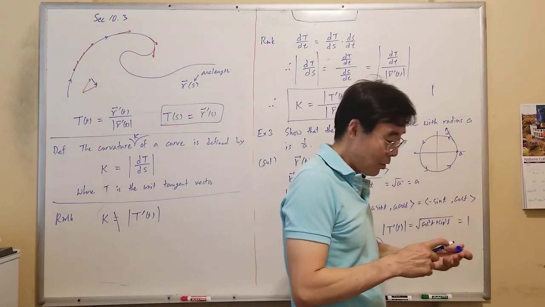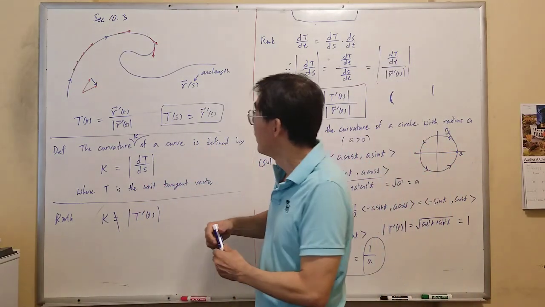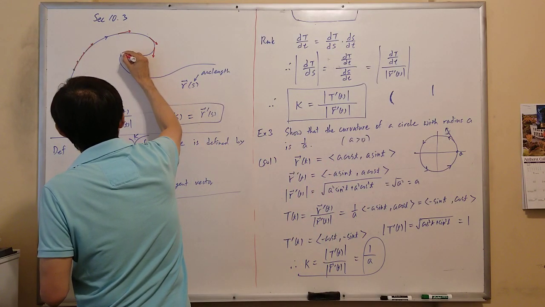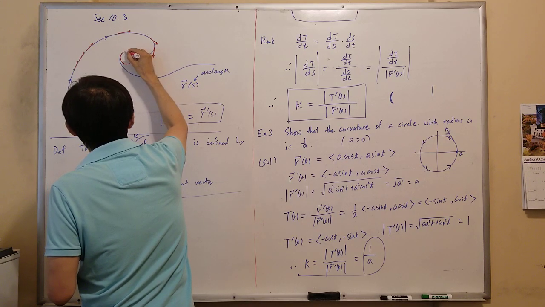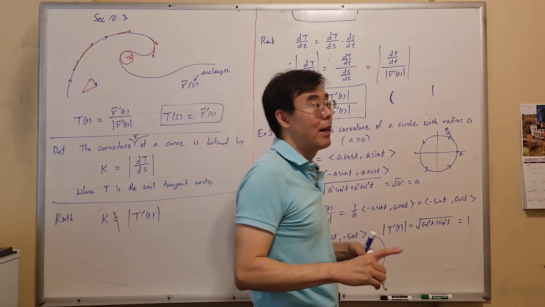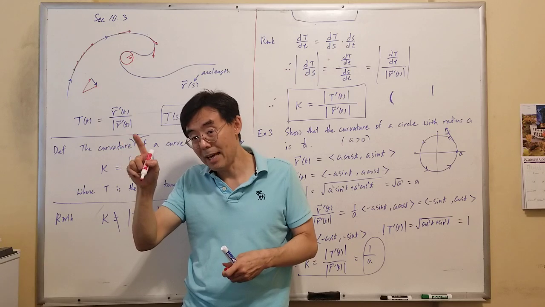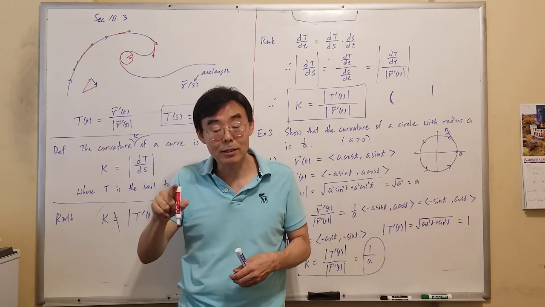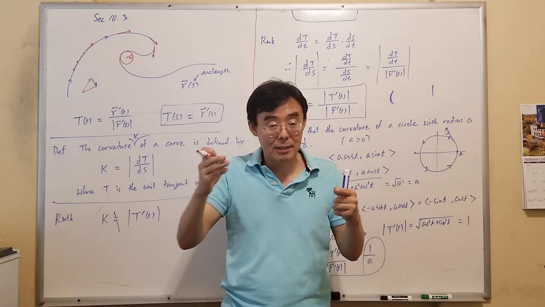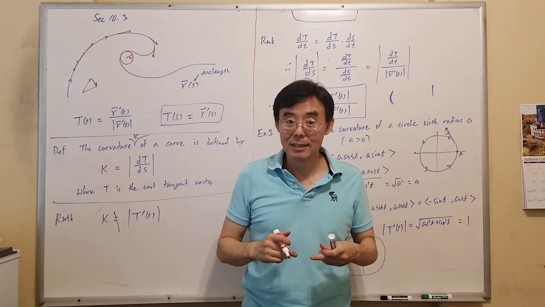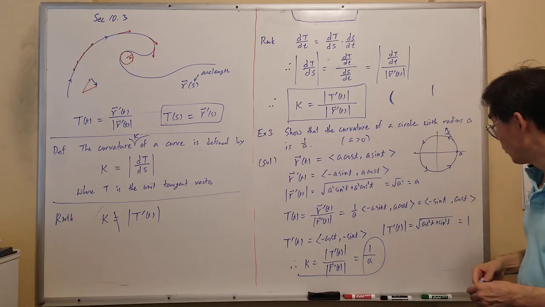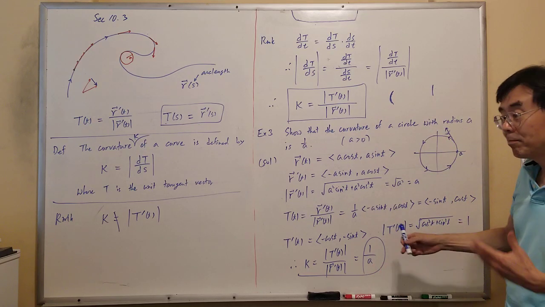So, your curvature is defined in a way that, at a given point, if you draw the best approximating circle there, with radius a, then you define the curvature of a curve at a certain point as the reciprocal of the radius of the circle which best approximates that part of the curve at that point. Okay? You can prove that statement later if you want. So this is the meaning of curvature.